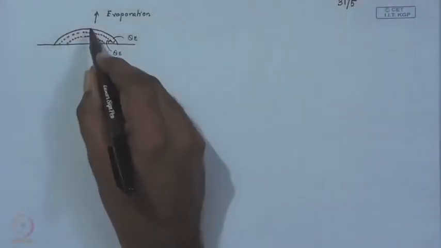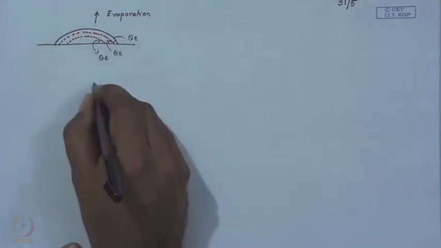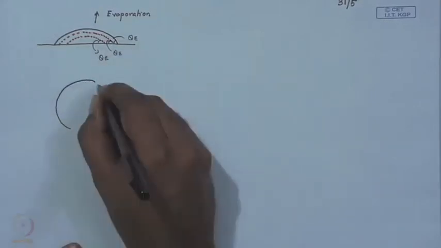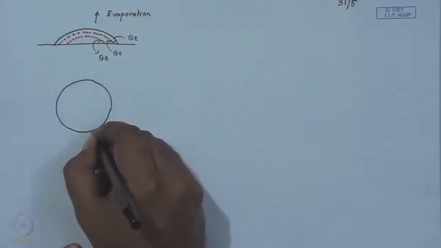Assuming the density remaining constant, or in other words it is a function of the mass of the drop also. Now, what happens is, if you have evaporation, this contact line here also progressively you will find that the drop size is becoming smaller.